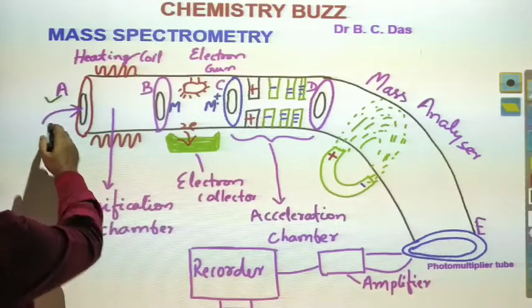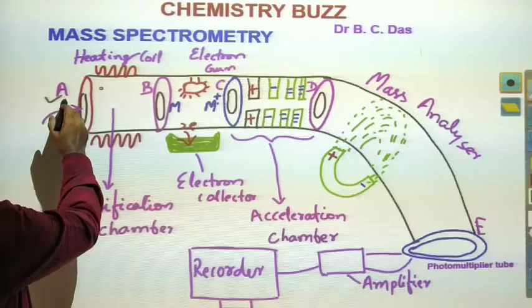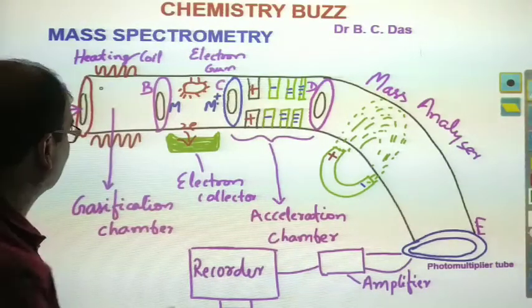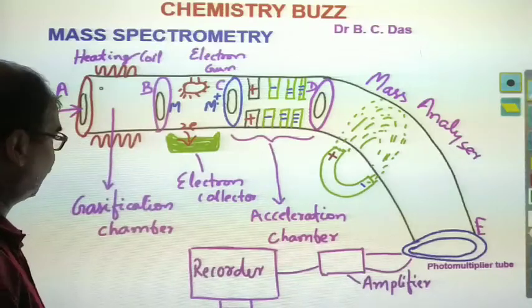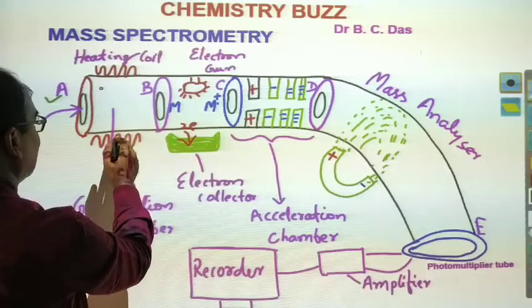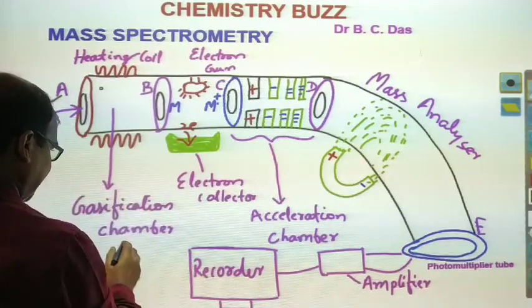At the first slit, when the substance is injected into this spectrometer, this chamber is called a heating coil and gasification chamber.